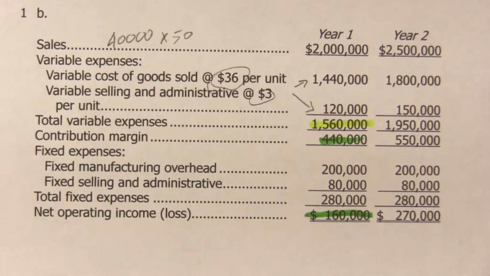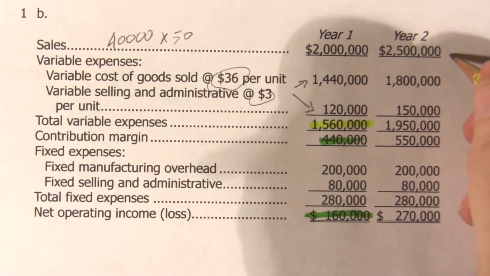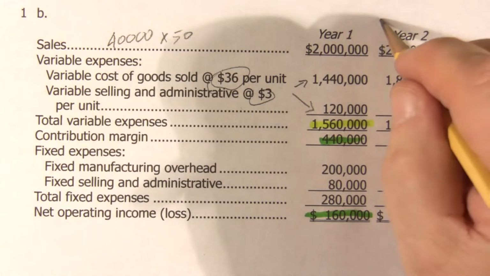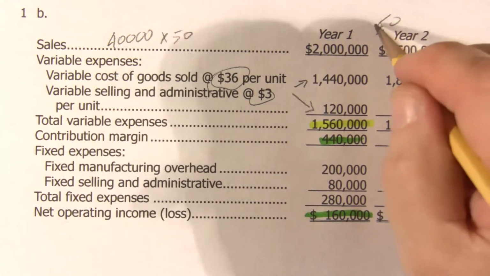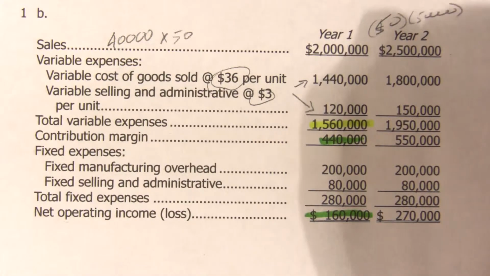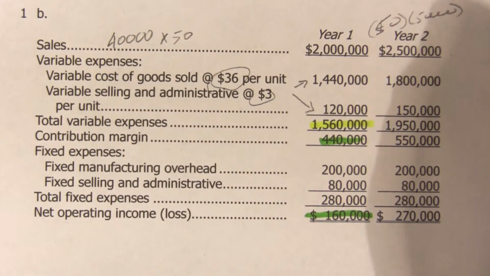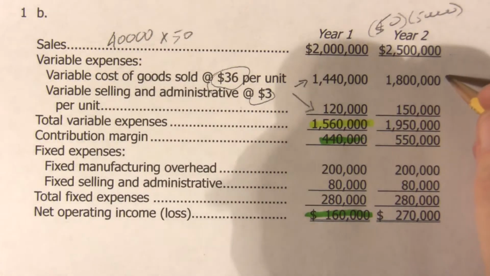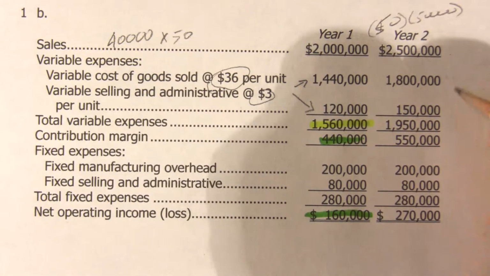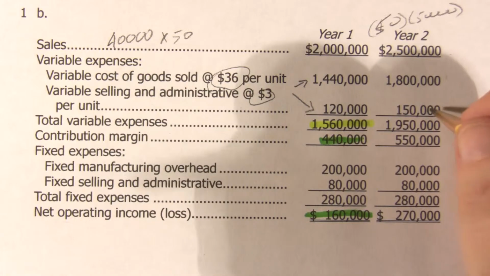Okay, now let's take a look at year 2. Now remember, year 2 we sold 50,000 units but only made 40. So this number is 50,000 times 50. So that's $50 per unit times 50,000 units. That's where that number comes from. The costs are 50,000 units times 36 and 50,000 units times 3.